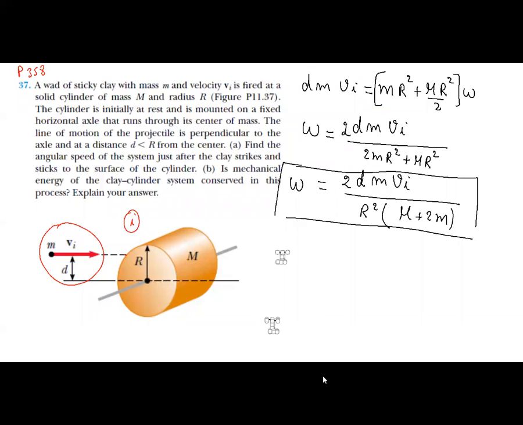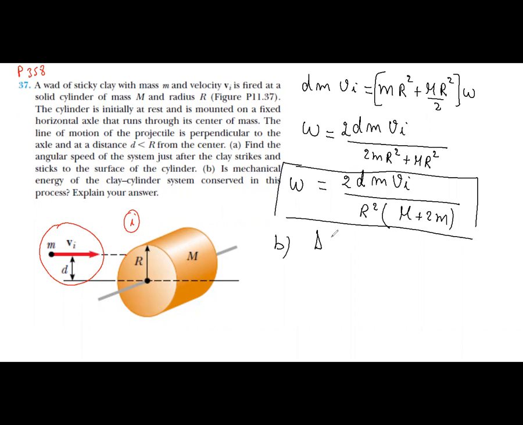Part B: is the mechanical energy of the system of mass m and the cylinder conserved in this process or not? Do you have a conservation of mechanical energy or not? This is the question.